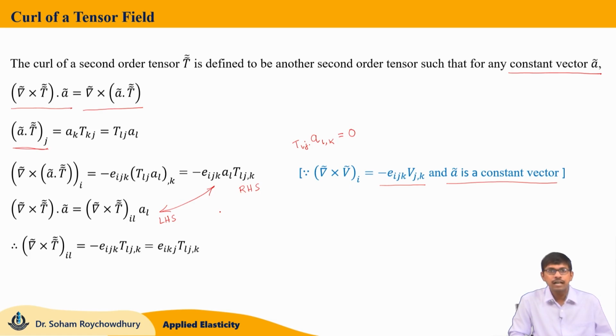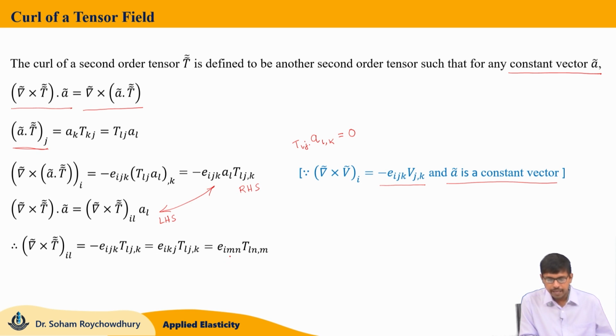Thus, the curl of a tensor field can be simplified and written in terms of the positive permutation symbol. This minus sign is dropped, e_ijk is changed to e_ikj with the help of the property of the permutation symbol. So, (curl of T)_iL is equal to e_ikj T_Lj,k.